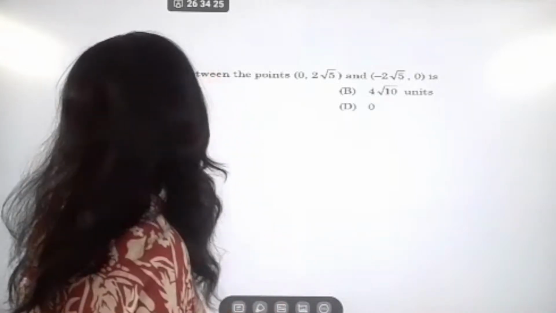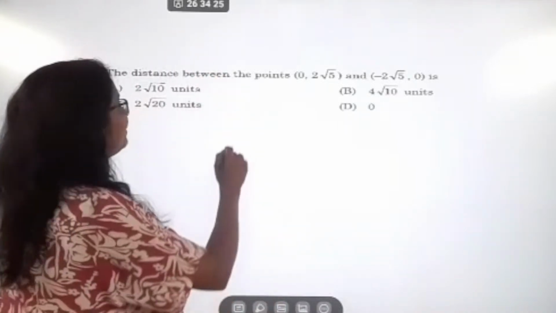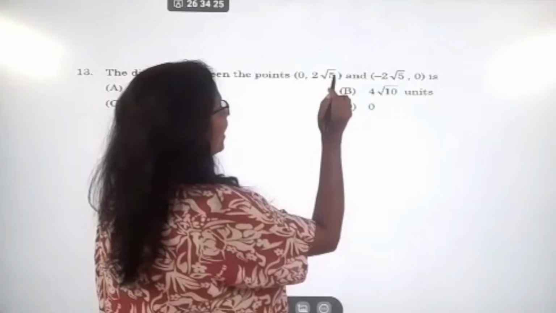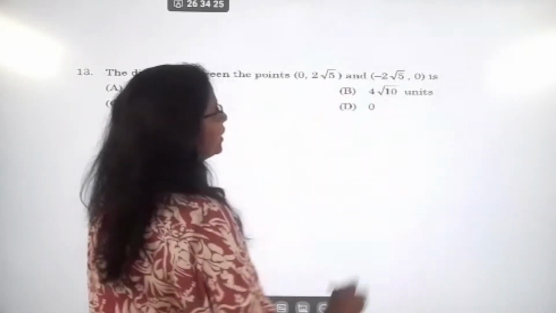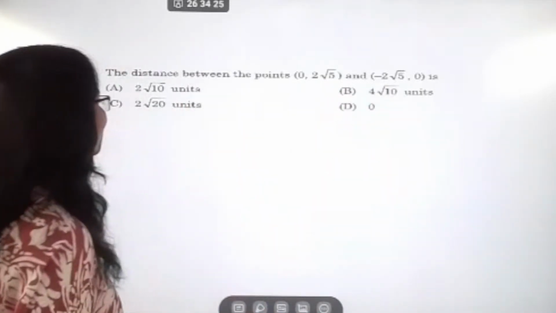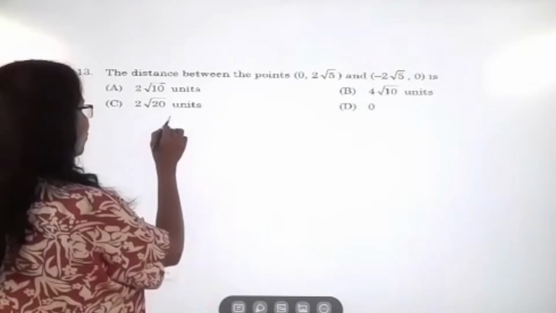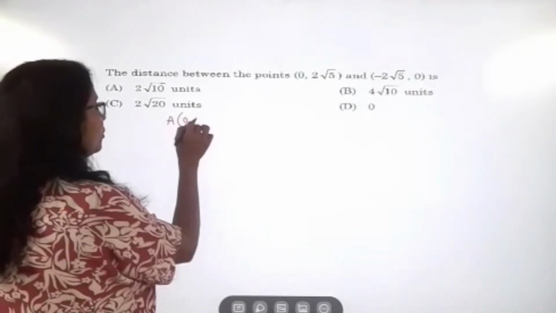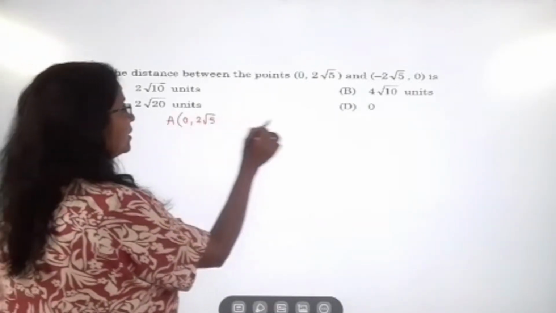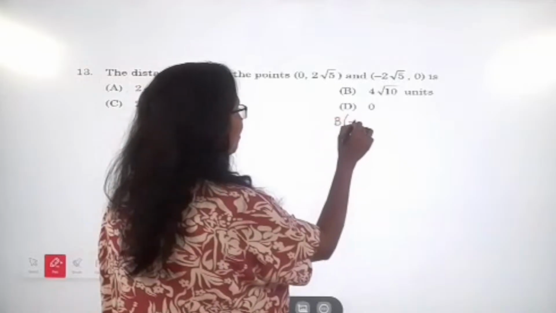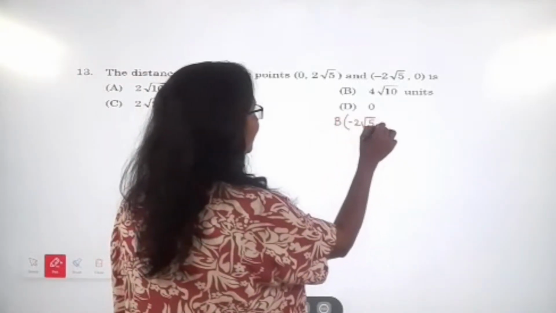Now the next example: the distance between the points 0, 2 root 5 and minus 2 root 5, 0. We have to consider the 2 points: A, 0, 2 root 5, and the second one, B, minus 2 root 5, 0.